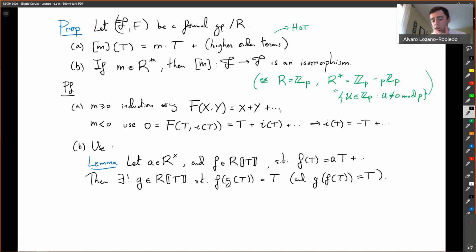Okay, so there is a unique g that works, and this you can actually find also.